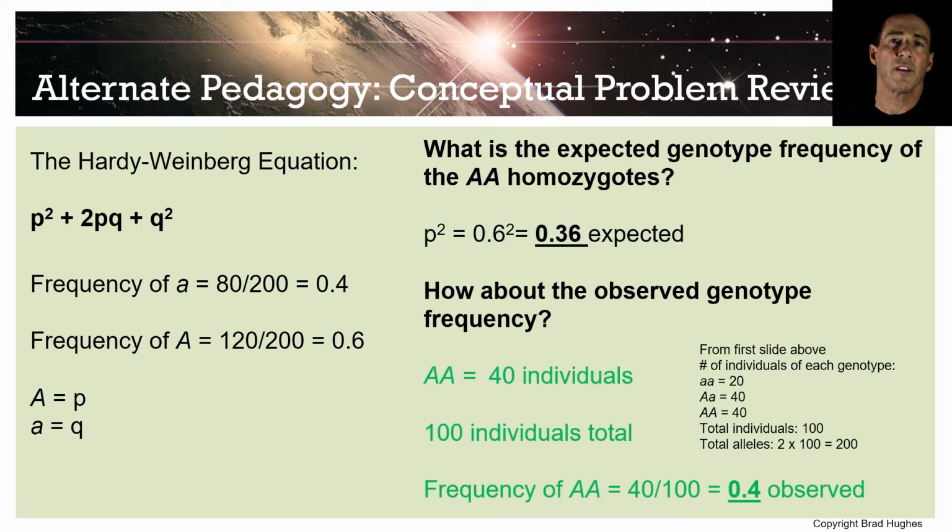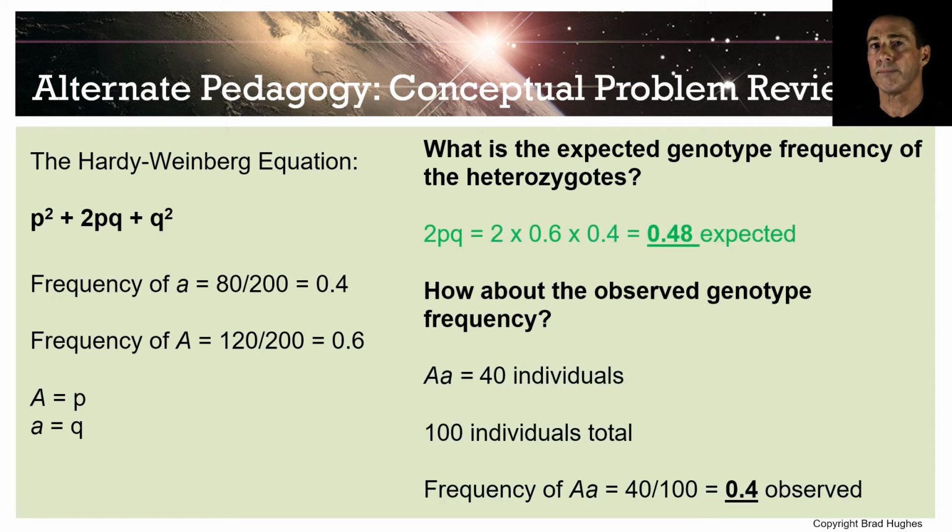The observed frequency of big A is the number of big A individuals, 40, divided by the total number of individuals in the population, 100, which equals 0.4. If Hardy-Weinberg equilibrium were occurring, we'd expect a frequency of 0.36 homozygote big A individuals. But we observed a frequency of 0.4 big A individuals, more homozygotes than expected.